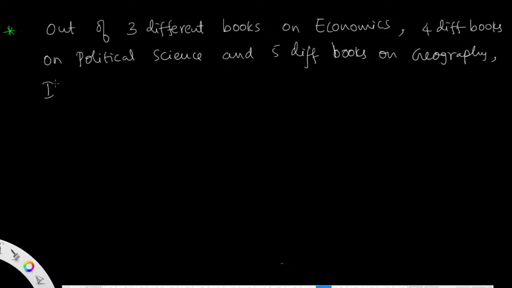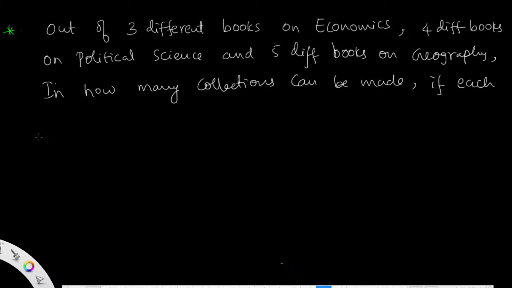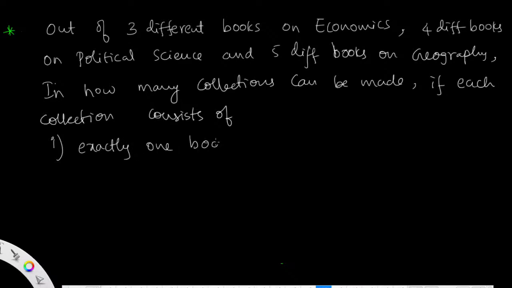how many collections can be made if each collection consists of, first one, exactly one book of each subject.